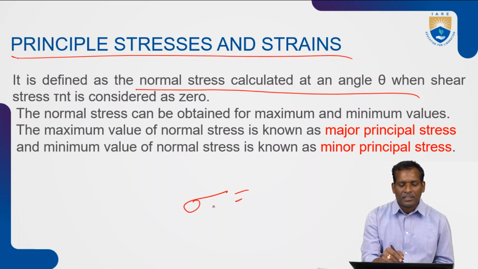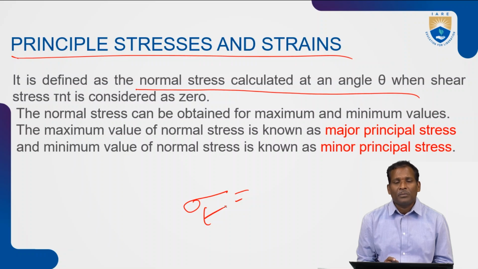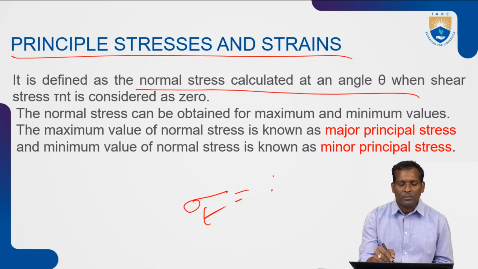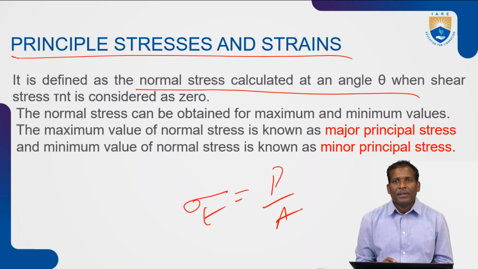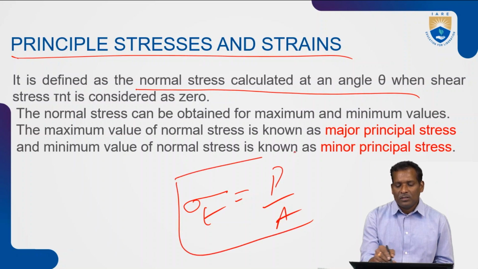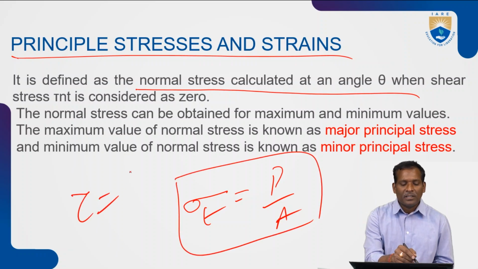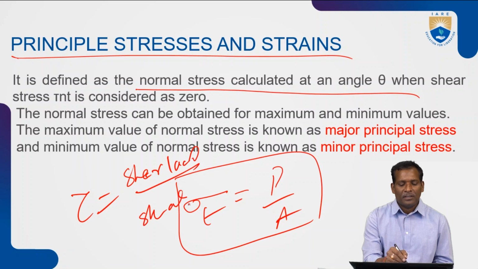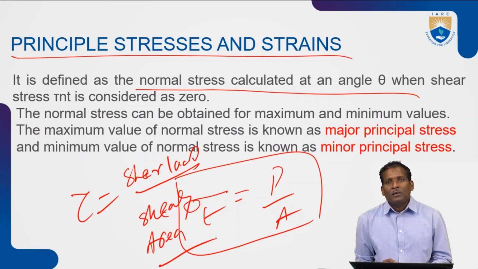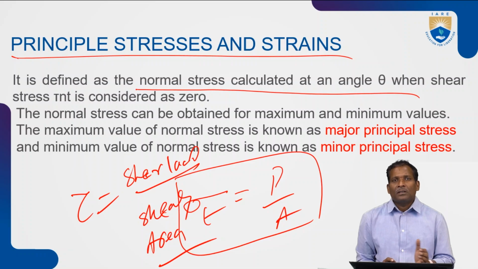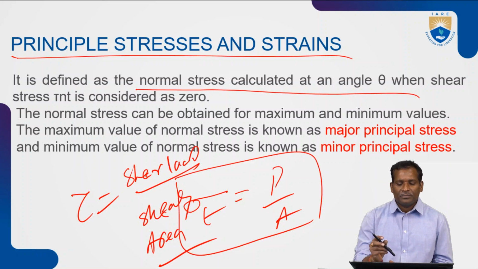Suppose the normal tensile stress, you can calculate by using the empirical relation, load per area. And similarly the shear stress, shear load by shear area. Like this, we can calculate the normal stress.